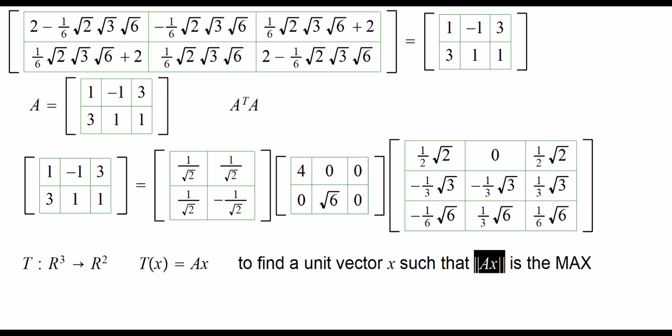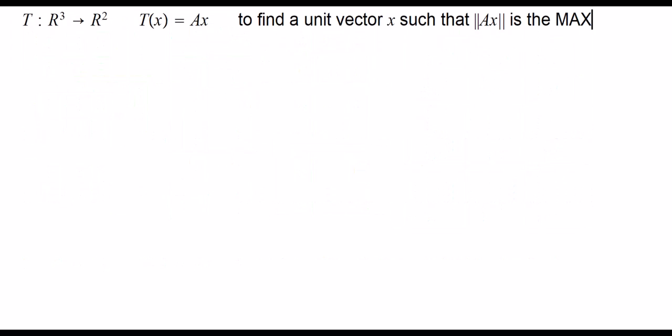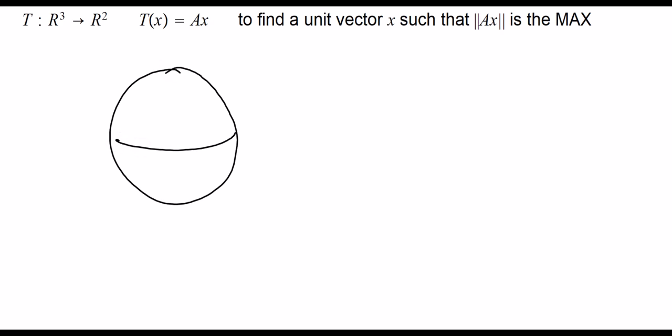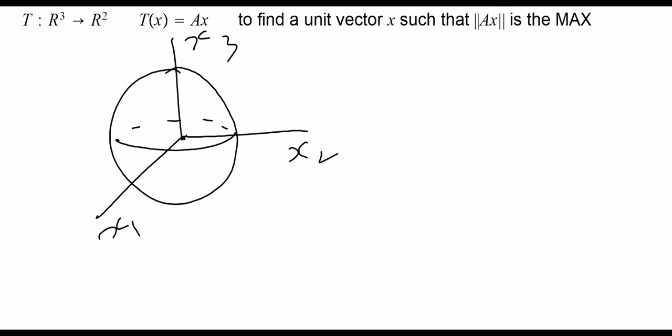In other words, we would like to see that if we take the unit sphere with center at the origin in R3, then at which point or points are the values attaining the max for this domain.